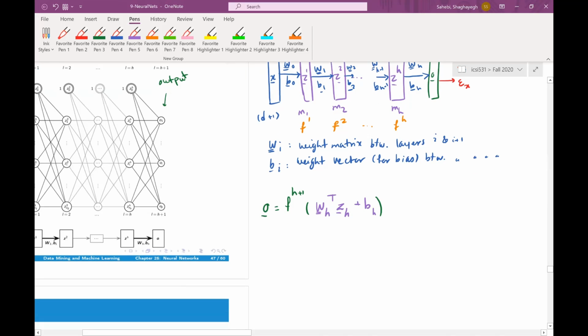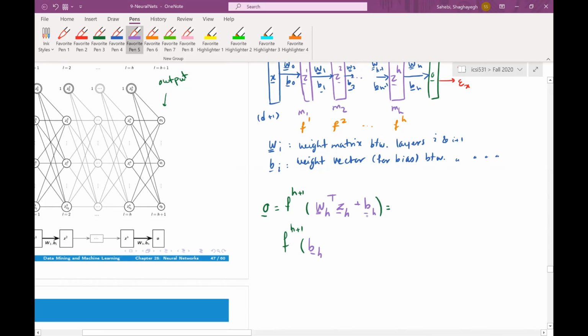Now, if we decompose Z_H, we know that this Z_H is actually equal to, so we still have F_{H+1}. We just decompose W_H, Z_H, and Z_H is calculated according to its own previous layer, right? So basically, I can write B_H on this side to make it easier.